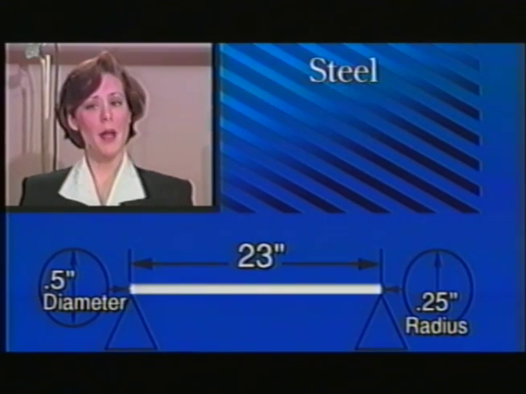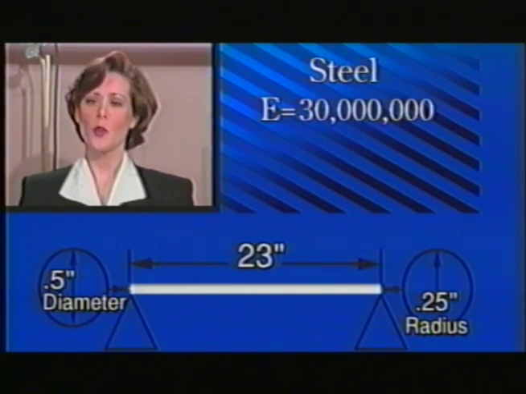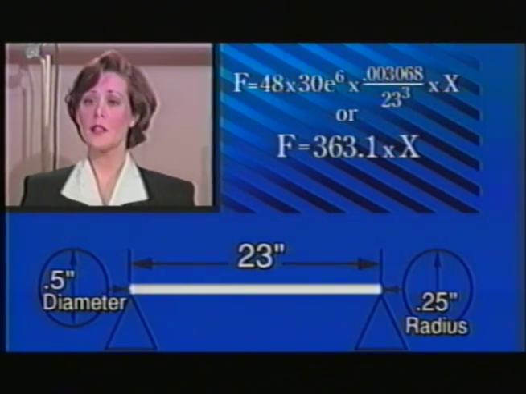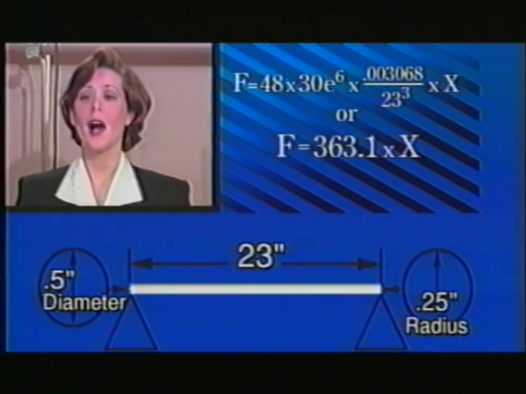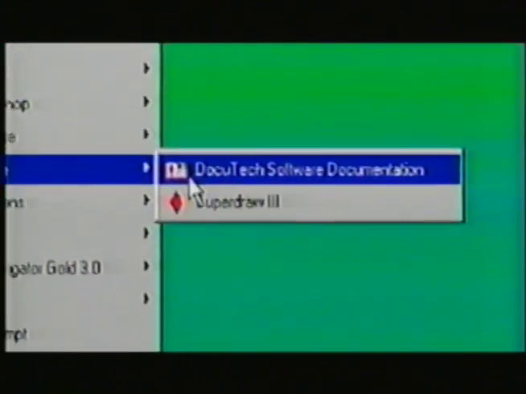Now, the bar is made of steel, so Young's modulus is about 30 million. So the force equals 363.1 times the deflection. Uh-oh, now we don't know the deflection. Oh, maybe finite element analysis will work. First, we build the model.